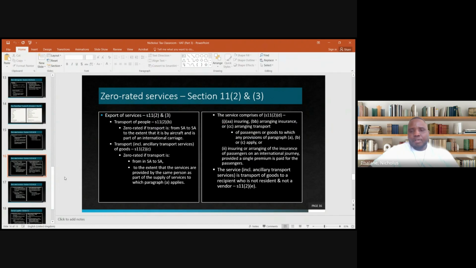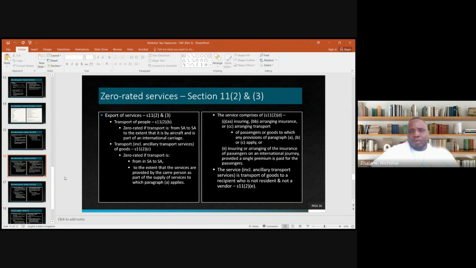So if I'm flying from OR Tambo to USA, remember, in terms of Section 11(2)(a), that service would be zero rated, right?